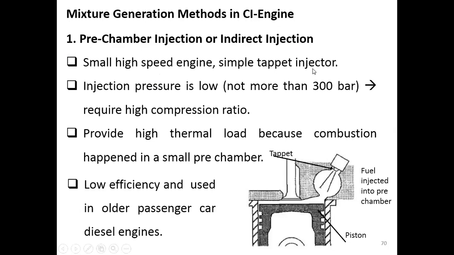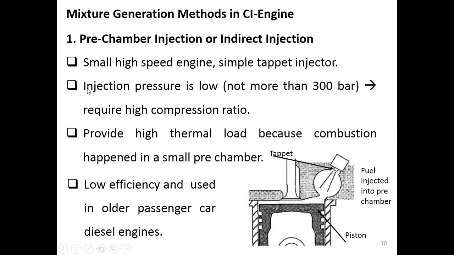And the injector they use is called a simple tappet injector. This is how we call it, a tappet injector. You can see that here. It taps a little bit down here, not going in a straight line, but along an inclined line over here.